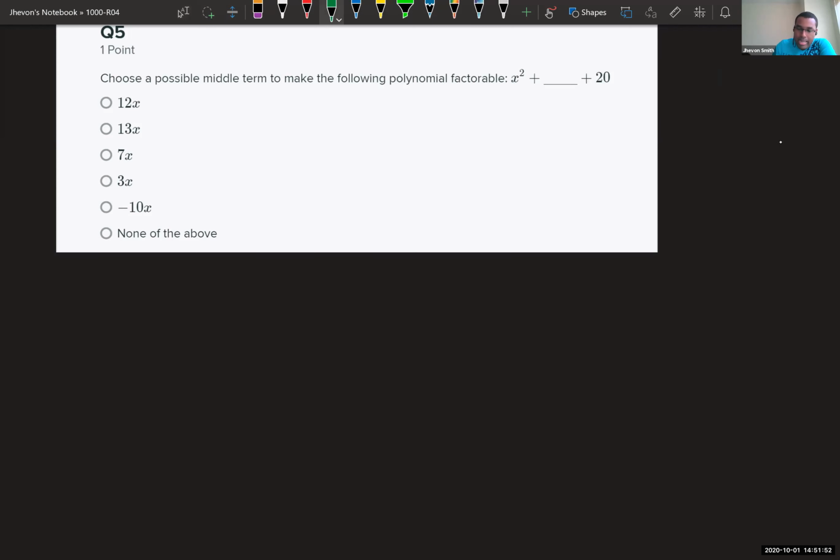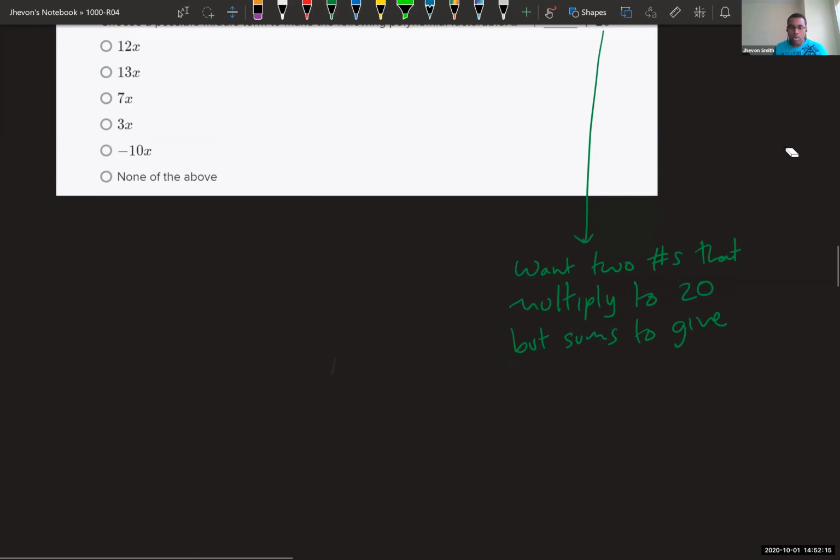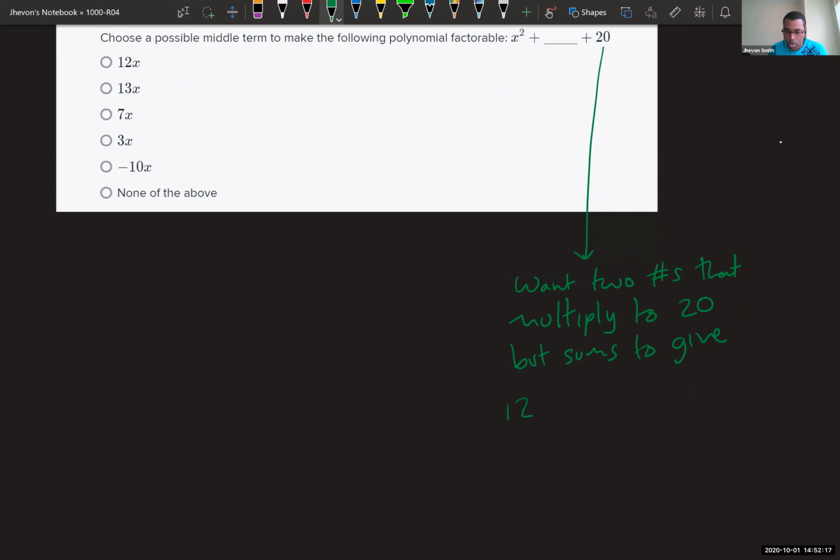Right. But the idea was we want two numbers that multiply to 20 but sum to give the middle term. A priori we don't know, but it's 12 or 13 or 7 or 3 or minus 10.